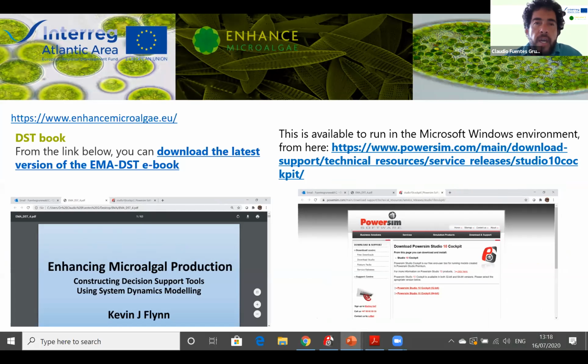When you read the book and then click to download the software, you will see this web page, and you can download from here.